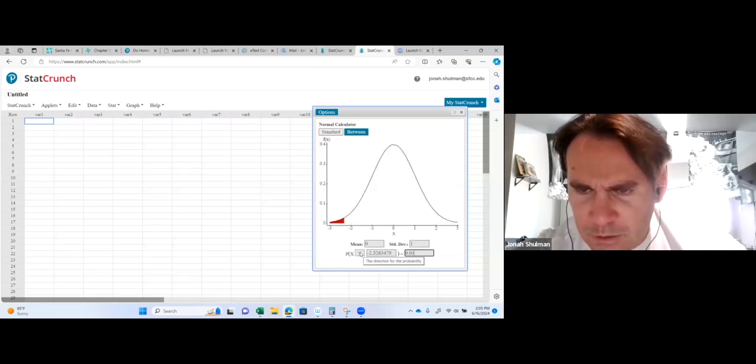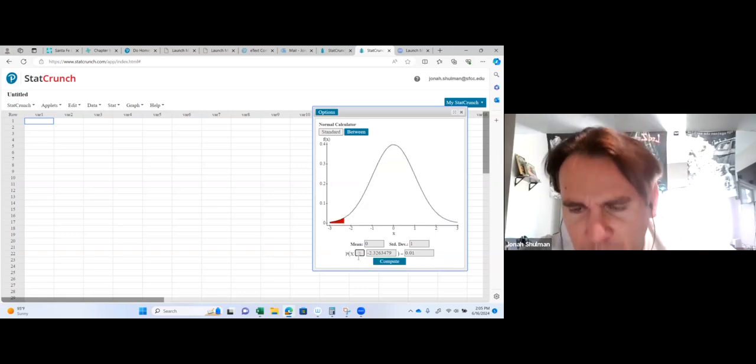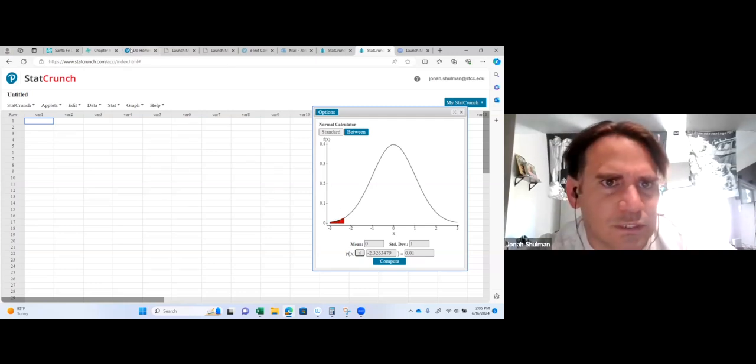But I wanted the other direction. No, I wanted this direction. Why do I want it this direction? Because I just want this little bit. So I'm going with negative 2.33. Let's see if that's the right answer.